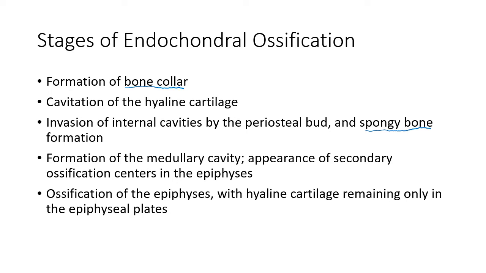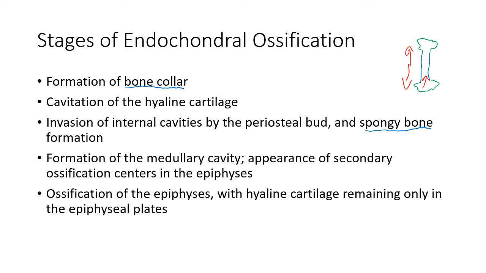As the primary ossification center continues to grow, it's growing in both directions, out towards the epiphyses of the bone. Then the epiphyses are starting to ossify as well, and their ossification is moving inward.